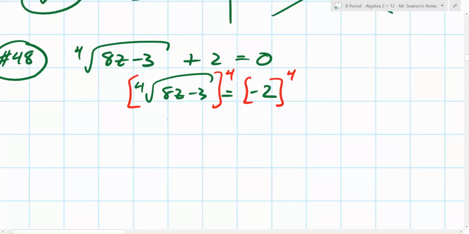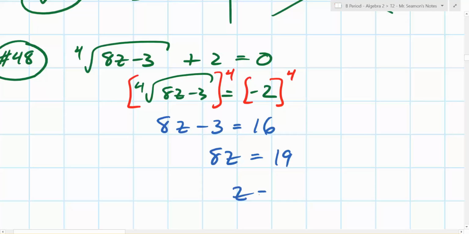Correct. So you're left with 8z minus 3. What's negative 2 to the 4th power? Is it going to be positive or negative? It's going to be positive because it's an even power. It's going to be positive 16. So you get 8z minus 3 equals 16. So what do you do to both sides? Add 3. Equals 19. So z is equal to 19 over 8.